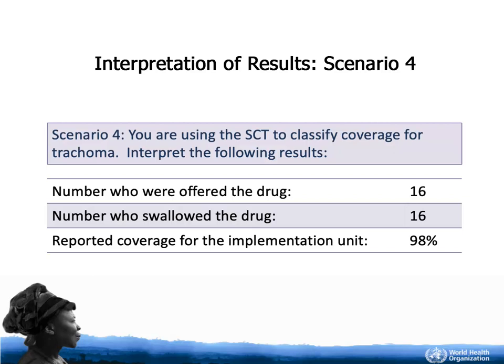For your SCT, it will be important to walk through each of the discussions above when analyzing your data. The SCT also probes individuals on reasons why they are not offered the drug or why they did not swallow it, which can lend valuable insight to determining which actions to take. Appendices 12 and 13 in the SCT section of the Preventative Chemotherapy Monitoring and Evaluation Guidelines can assist in facilitating this process.